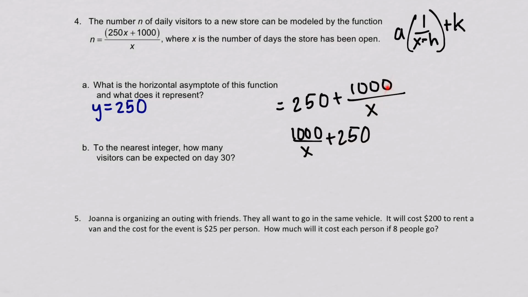Plug in 10,000 and you get a decimal here, right? The bigger you make x, the smaller this little piece is going to get. But no matter what, you're never going to get a number that is less than 250. 250 is your limit, okay? So the average number of daily visitors to the store will never be less than 250. That is the limit. That's what it represents.